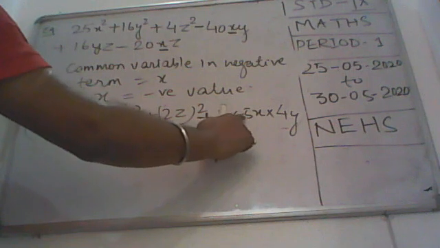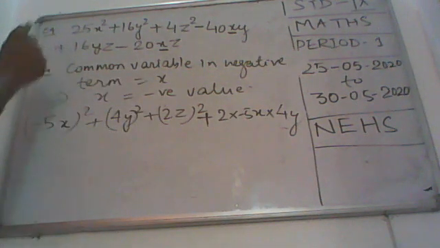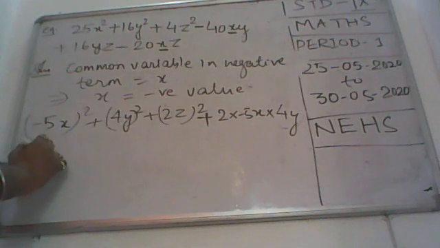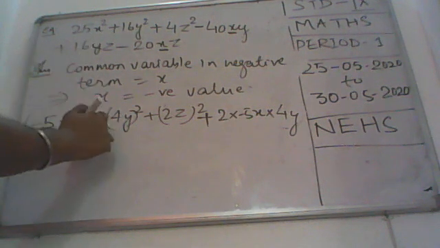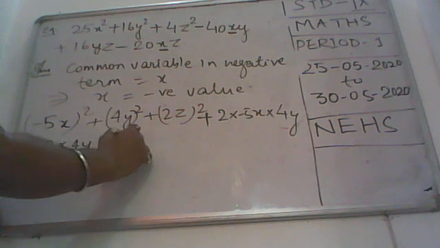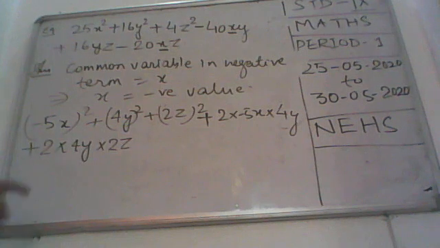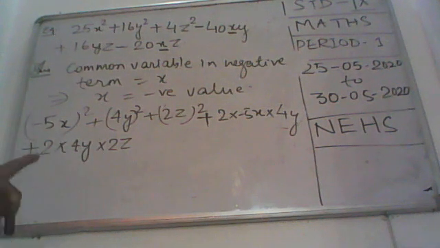Because of this minus it is equal to minus 40xy, clear? Here also plus 16 means first of all 2, then what is the y term? The y term is 4y. And what is the z term? The z term is 2z. So it is equal to 2 into 4 into 2, 16yz. Clear? Plus also, there is no negative.